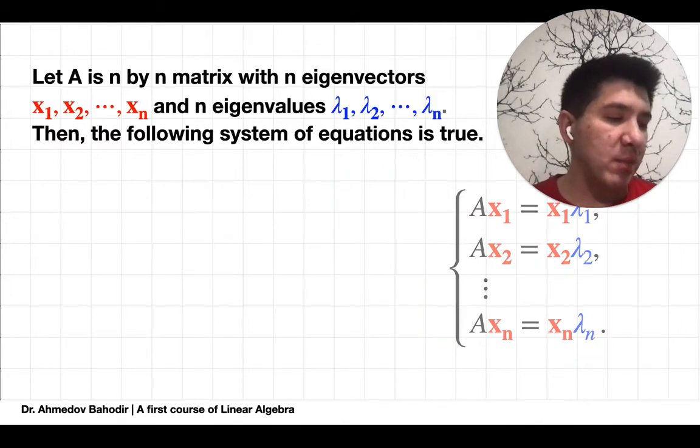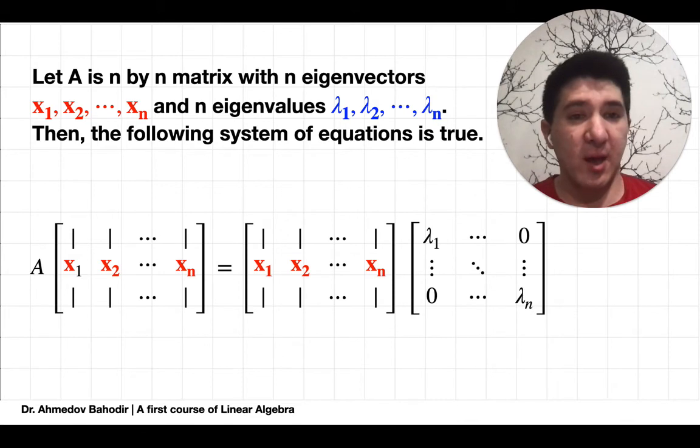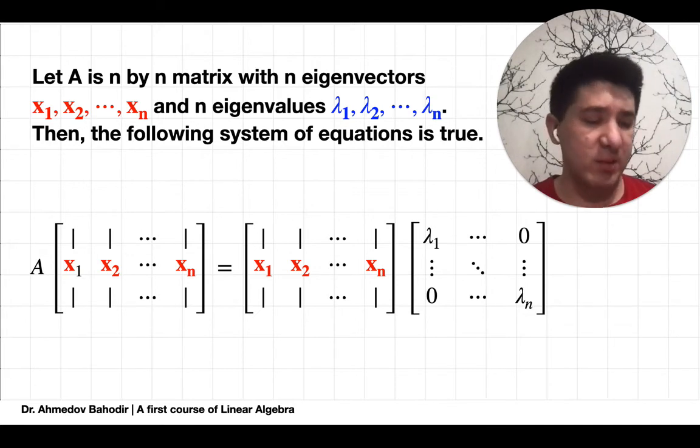So now I'm going to make some notations in order to get the diagonalization simply. We've got this equation, which is coming from the fact that lambda 1, lambda 2, and so on, lambda n are the eigenvalues of this matrix, and x1, x2, and so on, xn are the eigenvectors of this matrix.